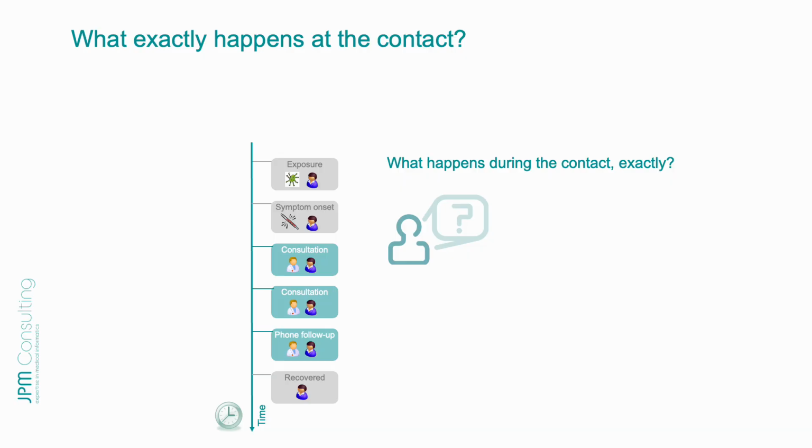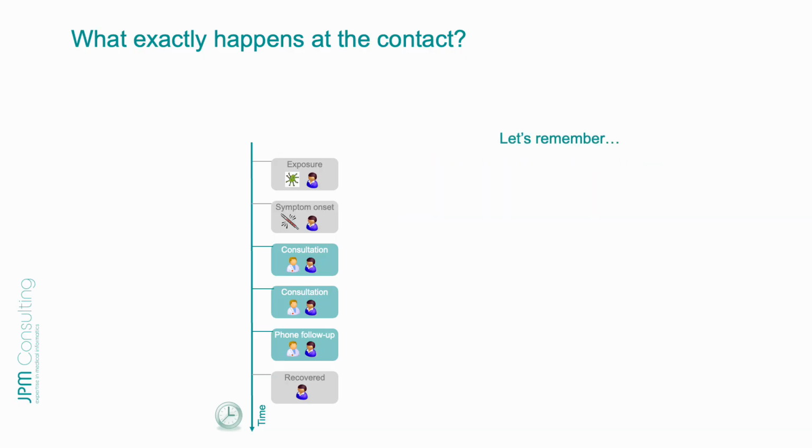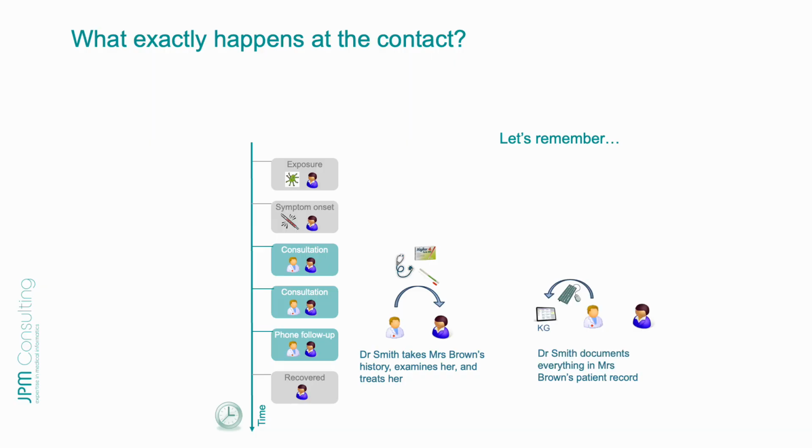What exactly happens at the contact or care encounter? Let's remember what happens at the first contact in our example. Dr. Smith takes Miss Brown's history, examines her, and starts treatment. He then documents the consultation in her patient record. So there are two parts.